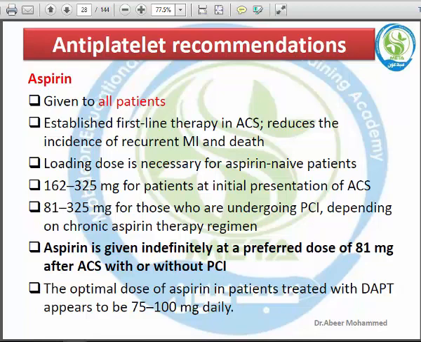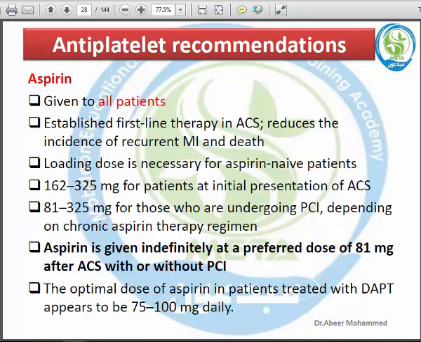After the acute attack, the patient with coronary syndrome disease should receive aspirin for life, that means indefinitely, at a preferred dose of 81 milligrams. Whether the patient has PCI or not, he should receive aspirin indefinitely.